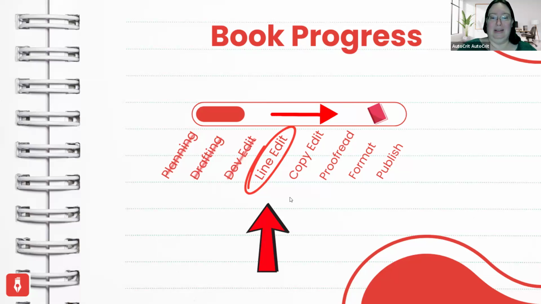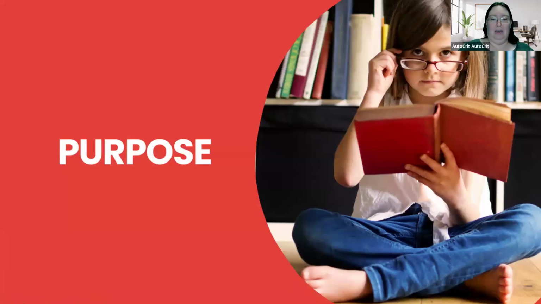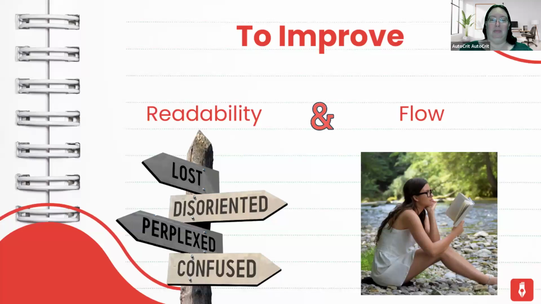So instead, we are shifting over in our purpose to improving the readability and the flow of our work. Readability is going to be what keeps your readers hooked in the page. It makes it easy to read. They sort of absorb all the content that they're reading very easily without having to stop and go, what did the author mean? And then flow means it flows very naturally.